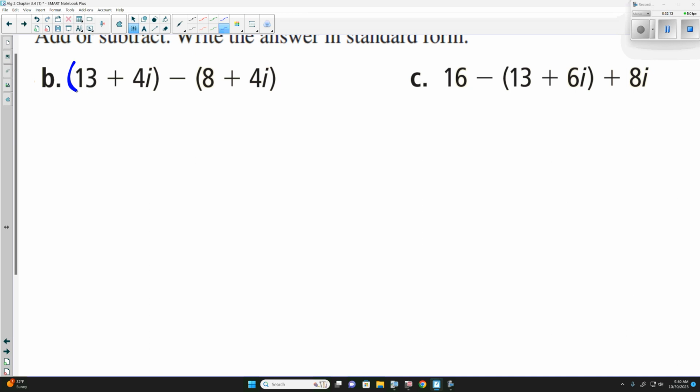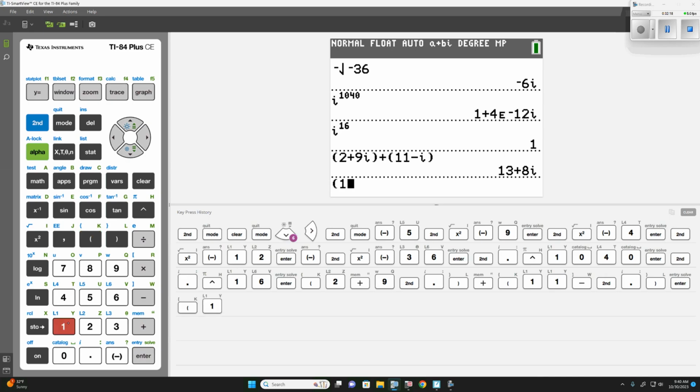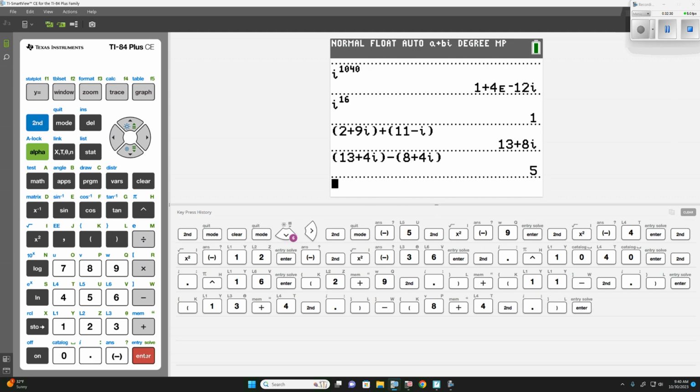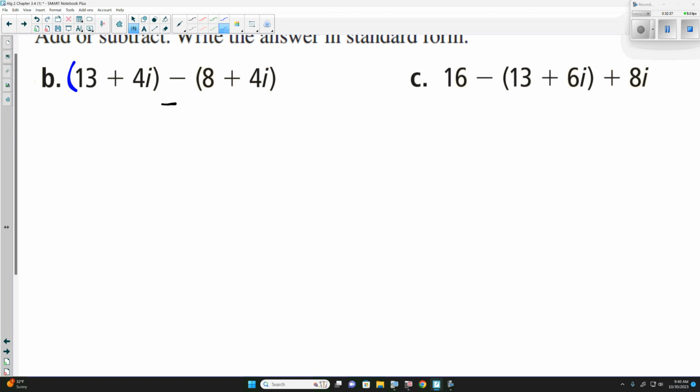Yep, 13 plus 4i plus 4i minus... Unfortunately, the 30Xs can't plug these in, but for addition and subtraction, the graphing calculator will handle them just fine.